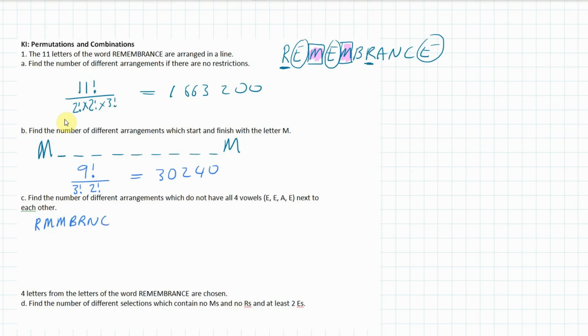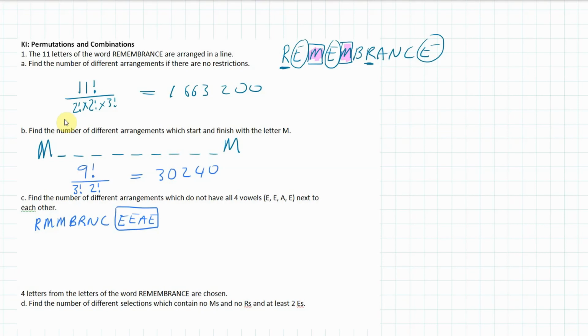And then we can write all the vowels together: E, E, A, E. Now we can treat all the vowels as one block. So we'll treat this as one letter, right?